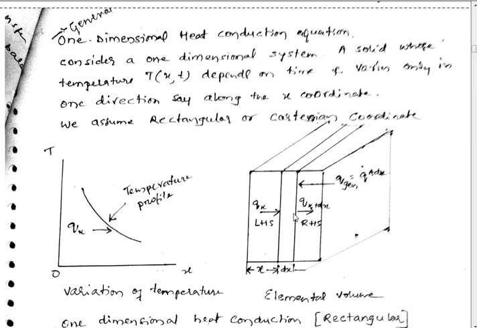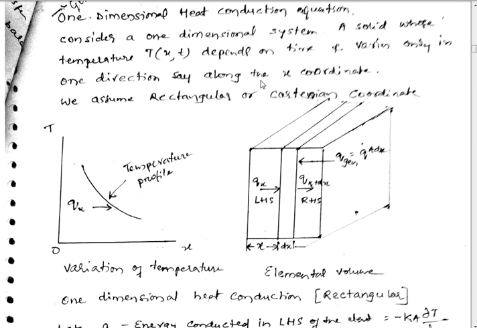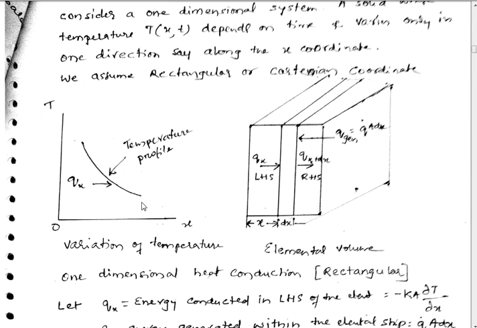Here the temperature variation in the x direction we have considered, and along the y and z directions there is no variation, and the temperature profile for this we have also considered.